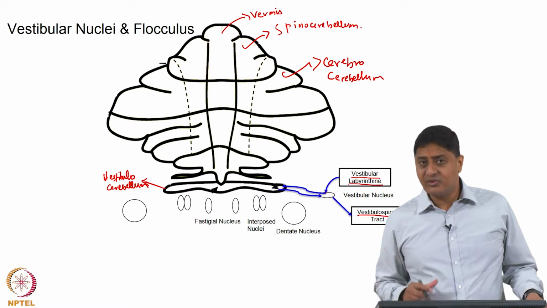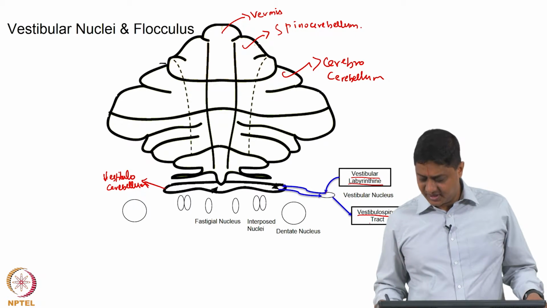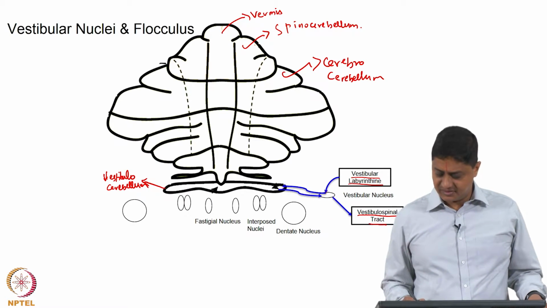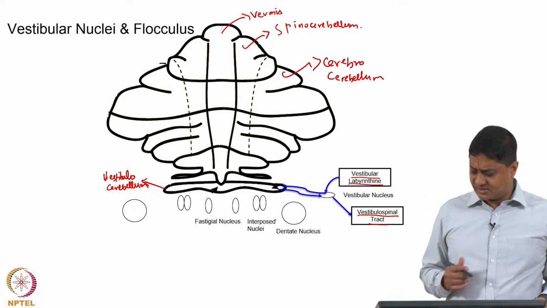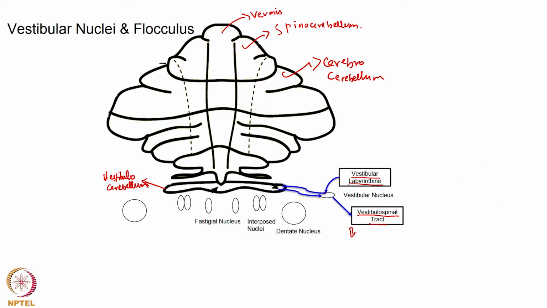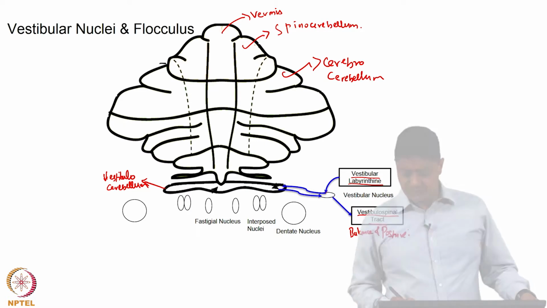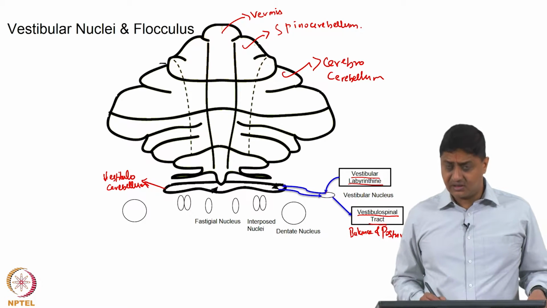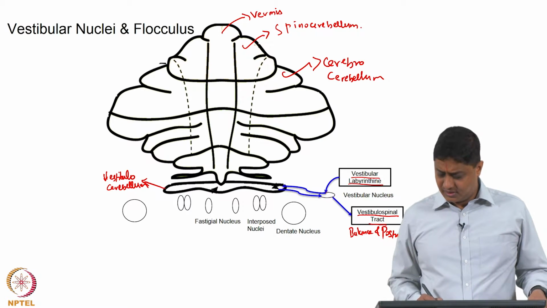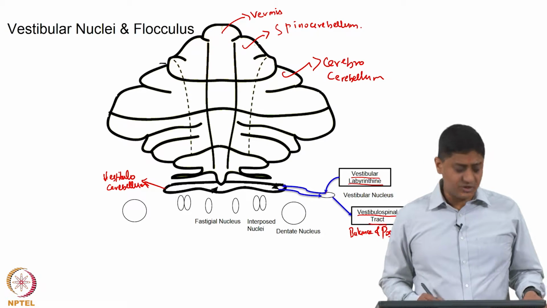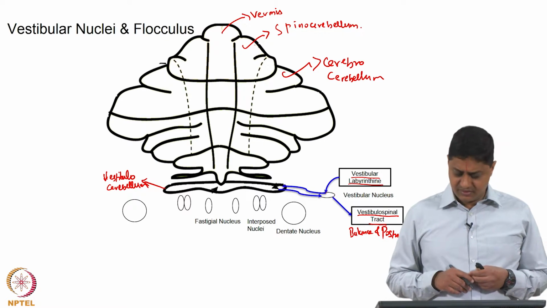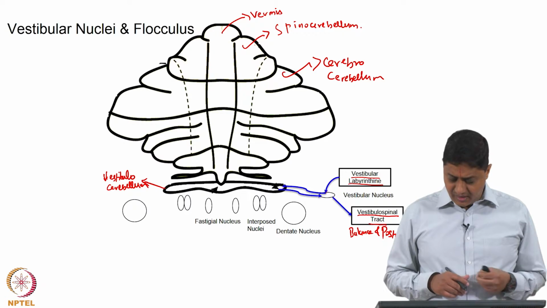That means movements can be controlled by this tract, right. So, what are the functions that are controlled? Balance and posture. So, important functions that are controlled by the vestibulospinal tract and the vestibular nucleus.